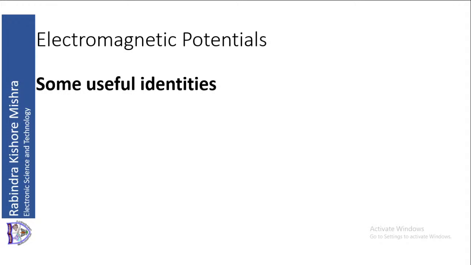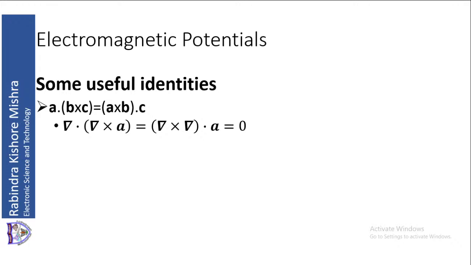Let us start with the electromagnetic potential. From that we will get the electromagnetic potential. Some of the useful vector identities: if I have three vectors A, B, C, then A dot B cross C is equal to A cross B dot C. So if dot product and cross product appear in one equation, they are interchangeable. Using this, let us take A equal to del, B equal to del, and C equal to italic a.